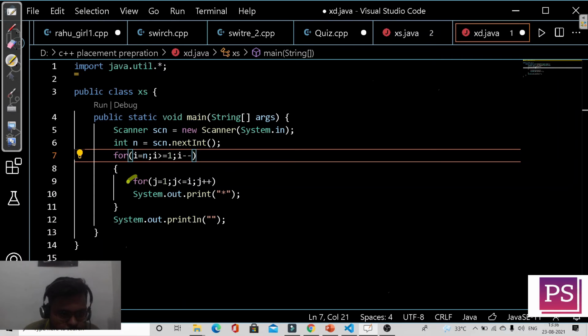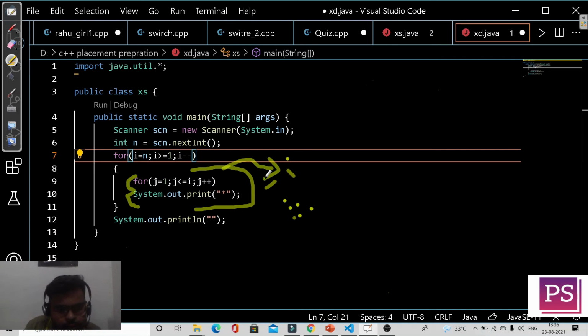Look at this loop, which we also used in the second day videos. This loop depends on the value of i, and whatever the i value is, it will print that number of stars. If its value is 1, it will print 1 star. If its value is 2, it will print 2 stars. If its value is 3, it will print 3 stars. So universally, if anyone finds this type of loop, its work is only this, and it depends upon i.